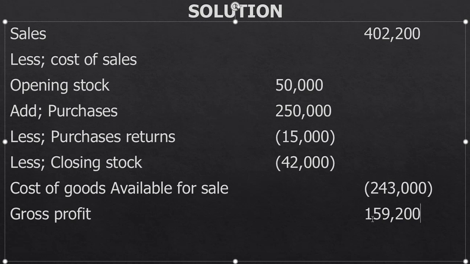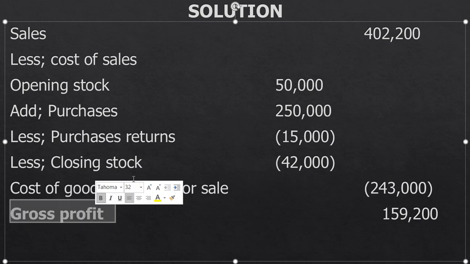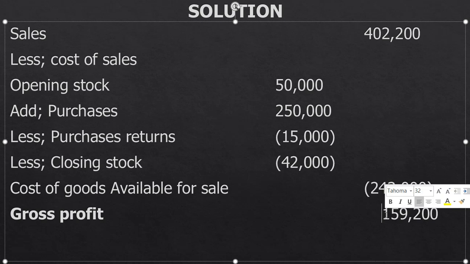The question is, from the template, do we have other incomes? As we said, other incomes could be gain on disposal, maybe discount received, it could be contract revenue, and some other revenue from other sources.